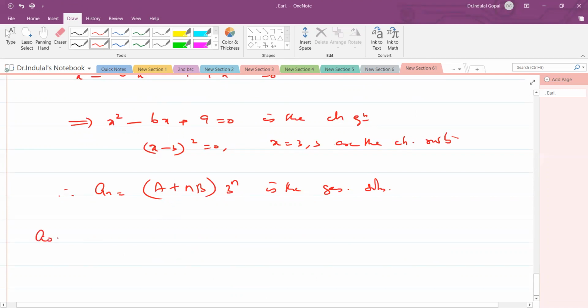Using the initial condition a_0 equal to 2 gives A equal to 2. For n equal to 0, this is 1, so A equal to 2. a_1 equal to 3 implies (A plus B) into 3 equal to 3.